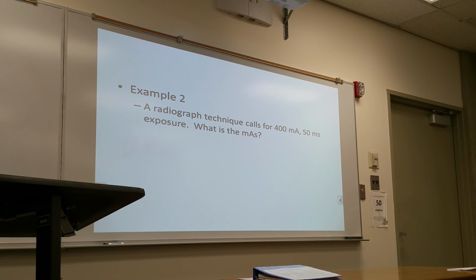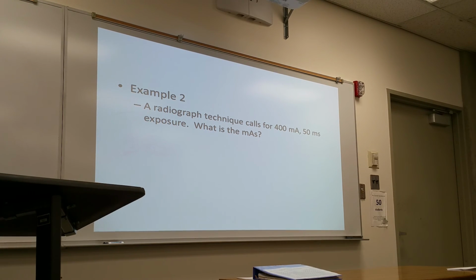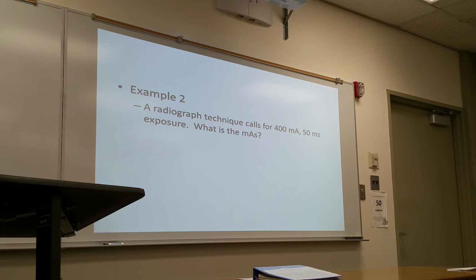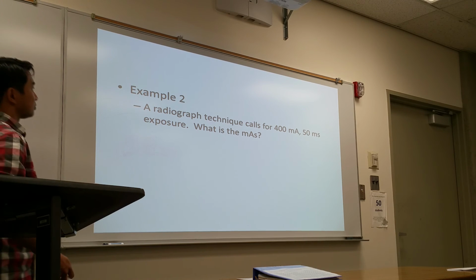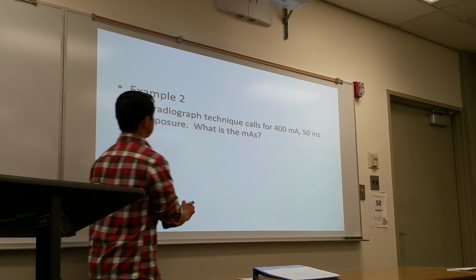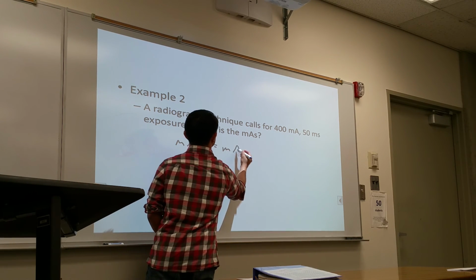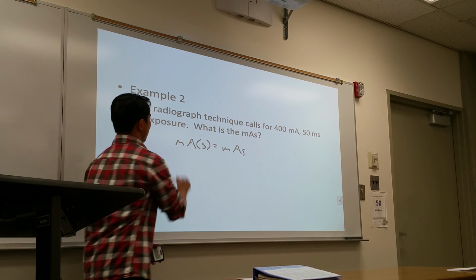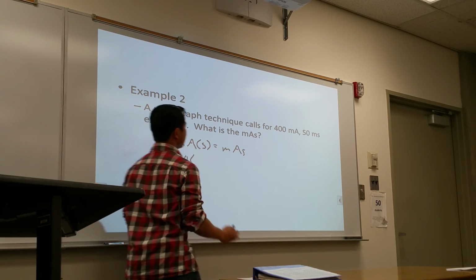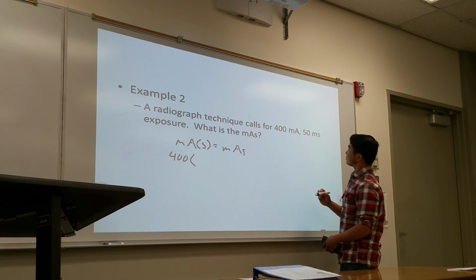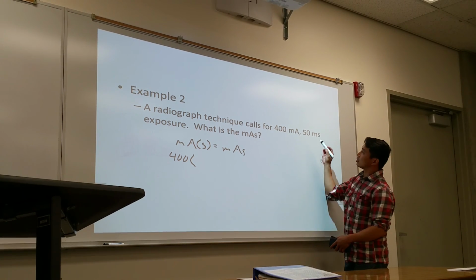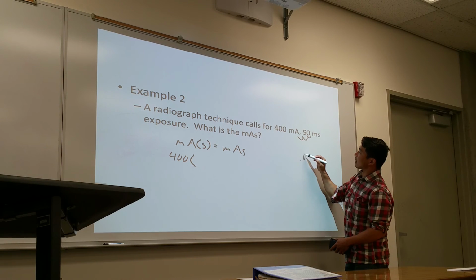Let me give you another example. Number 2, we have a technique called for 400 mA with a 50 millisecond exposure. What's your mAs? mA is 400, time is 50 milliseconds, so we move the decimal over to the base unit: 1, 2, 3, so 0.05.